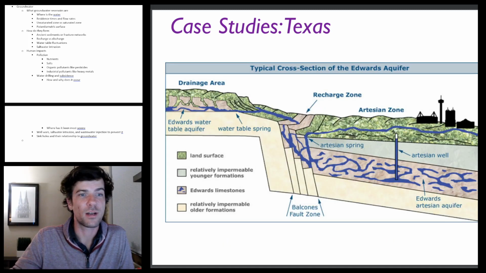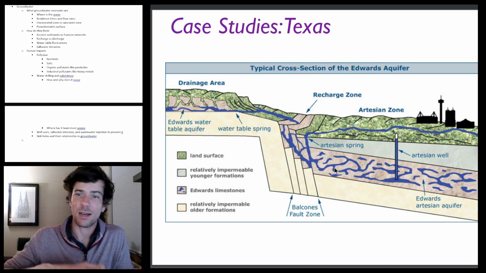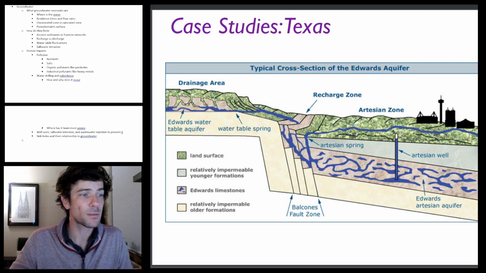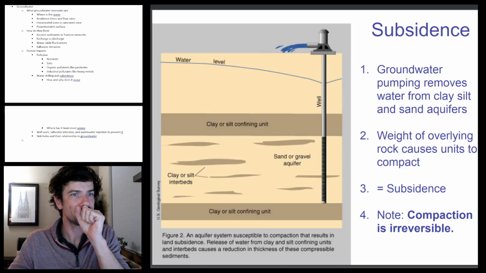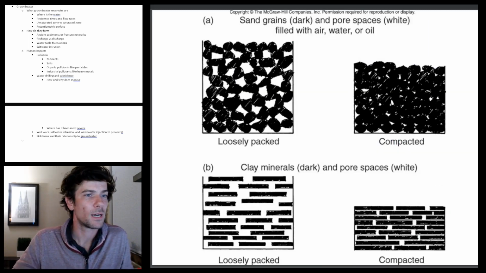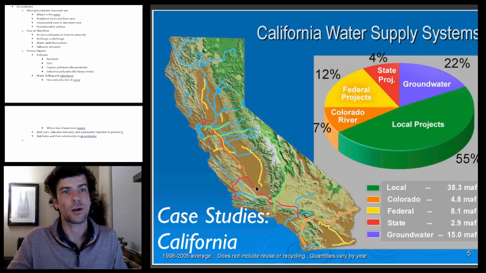A lot of them would deal with subsidence, where cities or agricultural regions have sunk because they've pumped out enough groundwater to allow those pore spaces to collapse. That's essentially what this figure was referring to. But yeah, that mostly sums up the discussion about groundwater.